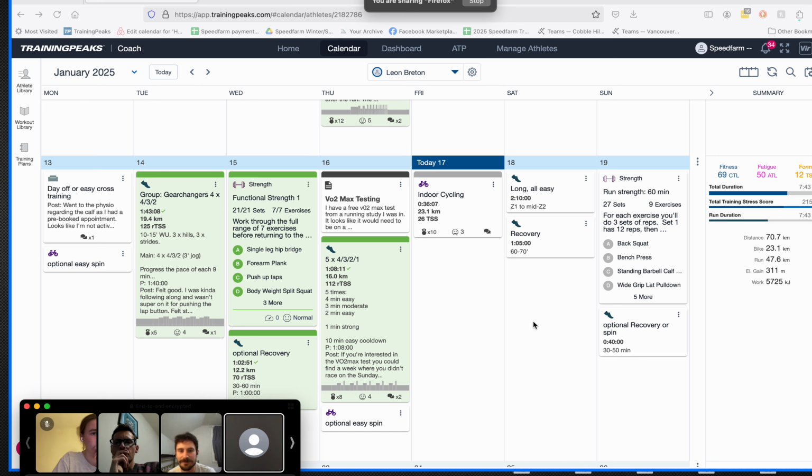It's a very good question, and I can't answer it, but I'll tell you why. I can't answer it because I don't program by TSS typically. So your planned TSS is 215 here, but that's garbage because if you look here, this one has got no planned TSS, no planned TSS, no planned TSS.